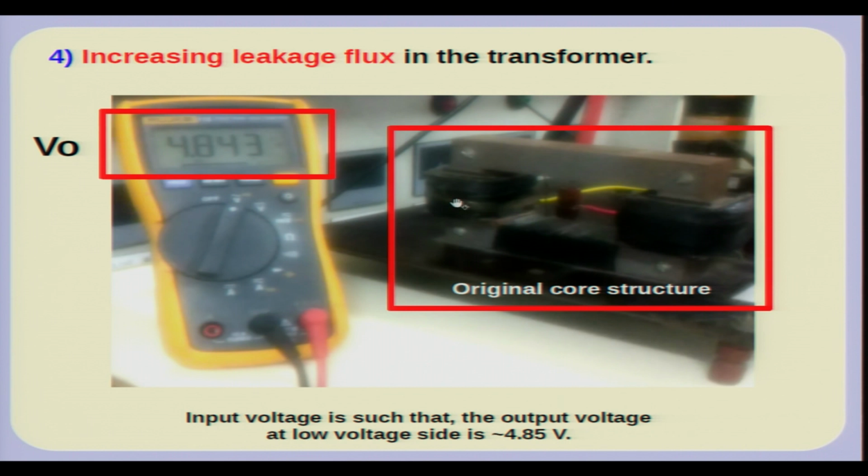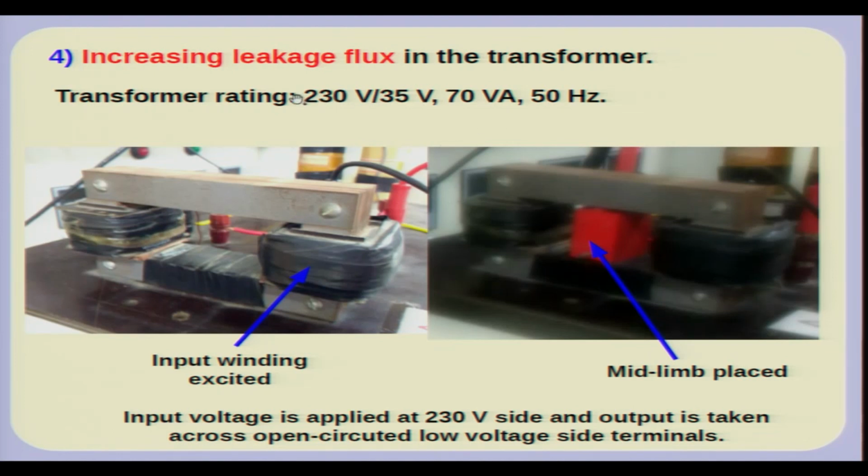In that case, if you have an input voltage of 230 volts, the turns ratio is 230 by 35.